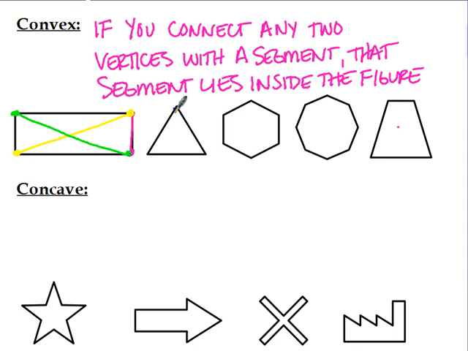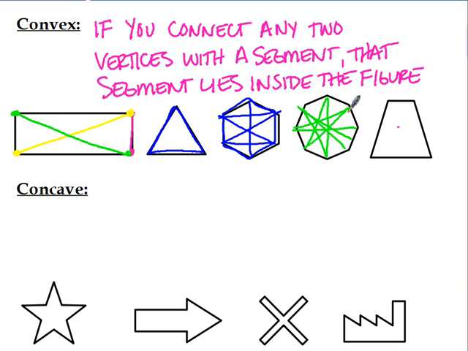Here I can draw a ton of different ones. They're all going to stay on the inside. I'm being a little sloppy, so they're going outside. But really, none of them are going to go outside the figure. You can draw a ton of them here to see, but nothing's going to go on the outside. However, with concave, now at least one.